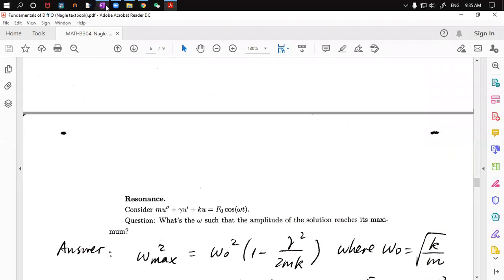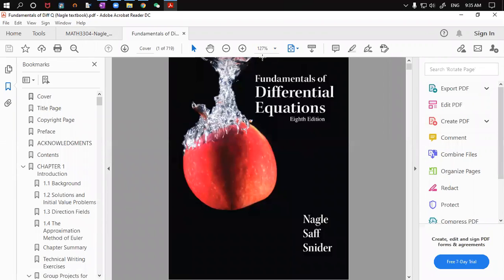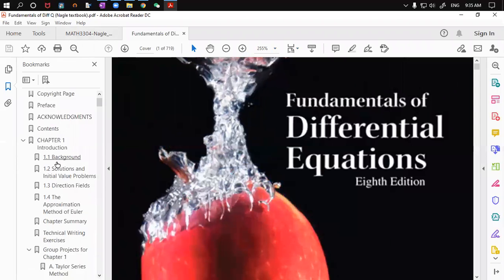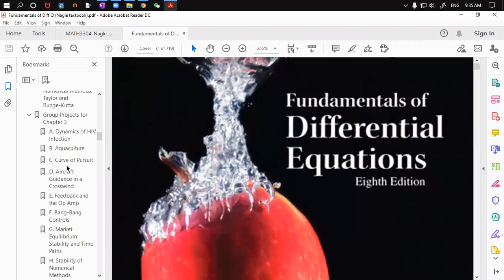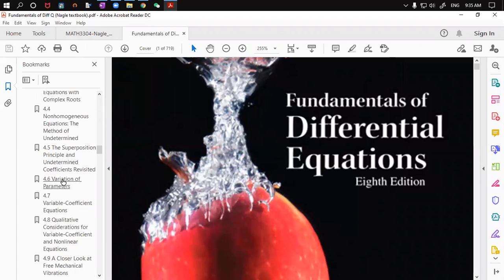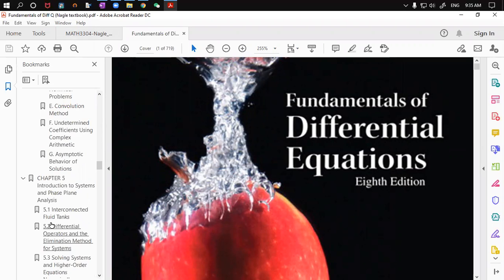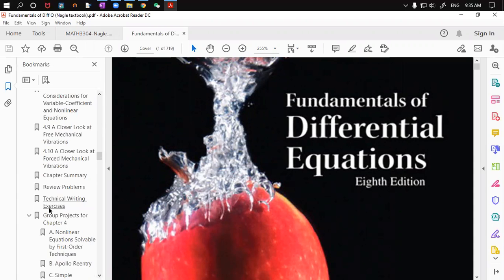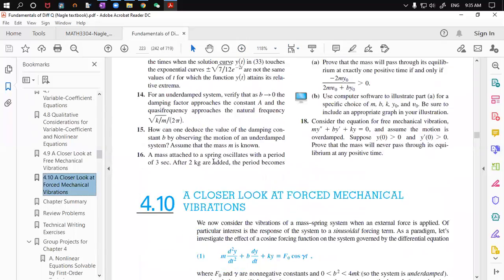We can use a kind of method that makes use of the textbook, and it is indeed necessary here. Let me take a look at forced vibrations.